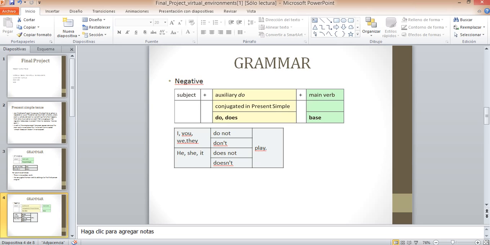In the same way, we see the third person, and the auxiliary do, in this case does, and the auxiliary negative, not, and then the main verb. I'm gonna explain the rules later in the next square.